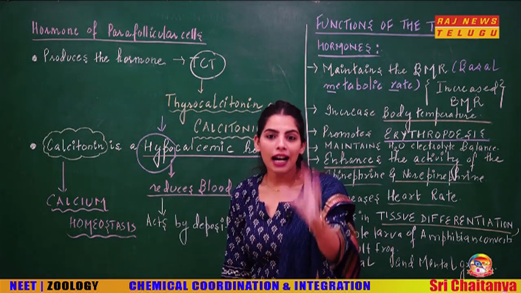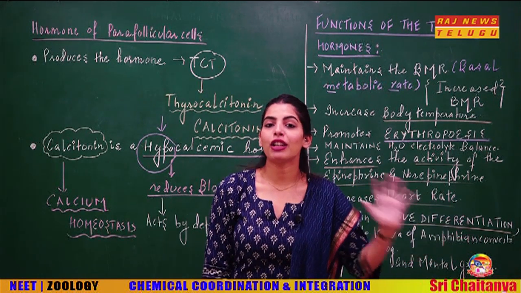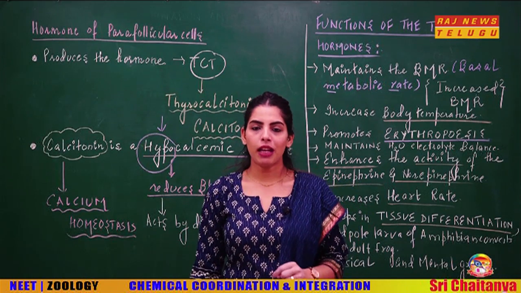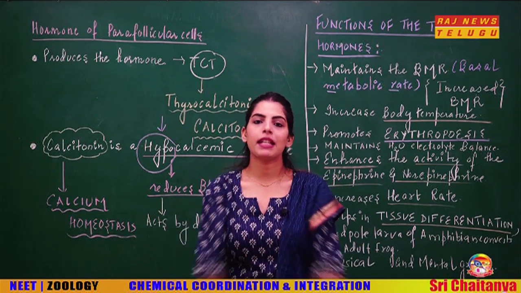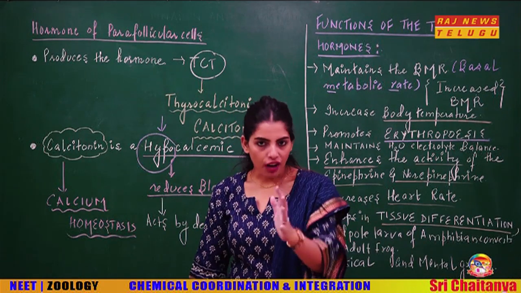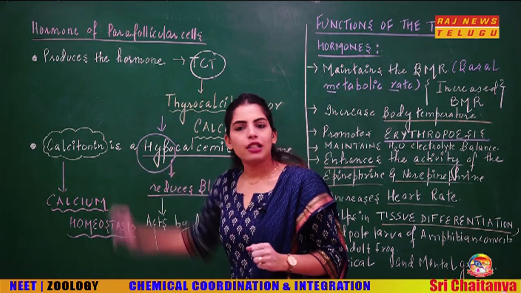One will increase the blood calcium level, which we will discuss with parathormone, but calcitonin decreases the blood calcium level, both helping in maintaining calcium homeostasis. That's the function I have mentioned for calcitonin.